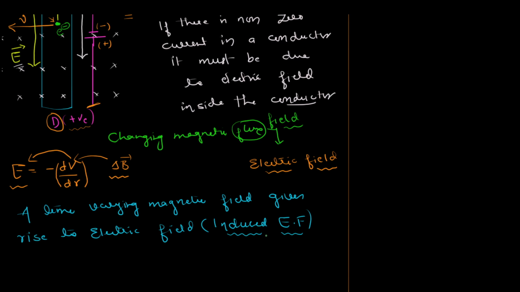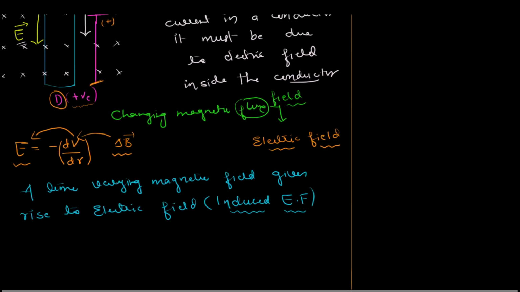The electric field which is due to charges or potential difference, the conventional, usual electric field that we come across, I'll be calling electrostatic field. And this one, which is a result of changing magnetic flux, will be called induced electric field.